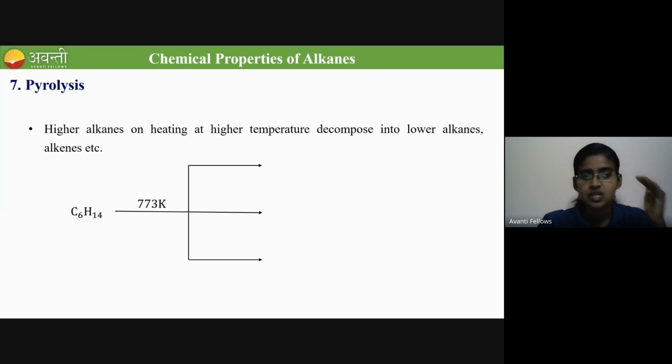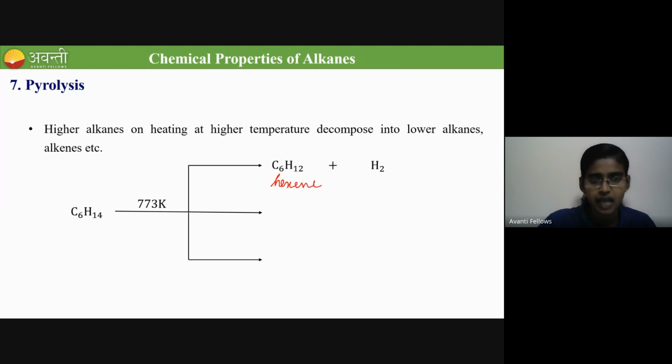One way is that it gives C6H12 and H2. This is hexene, a 6 carbon containing alkene, and hydrogen. The second way is that it gives butene, a 4 carbon containing alkene, and this is ethane.